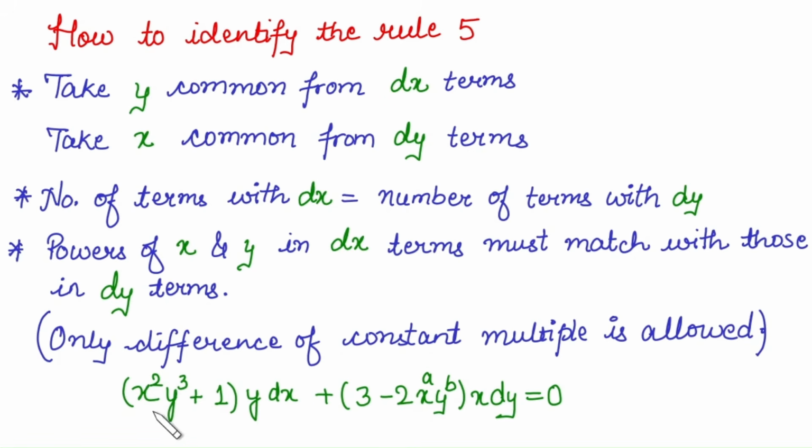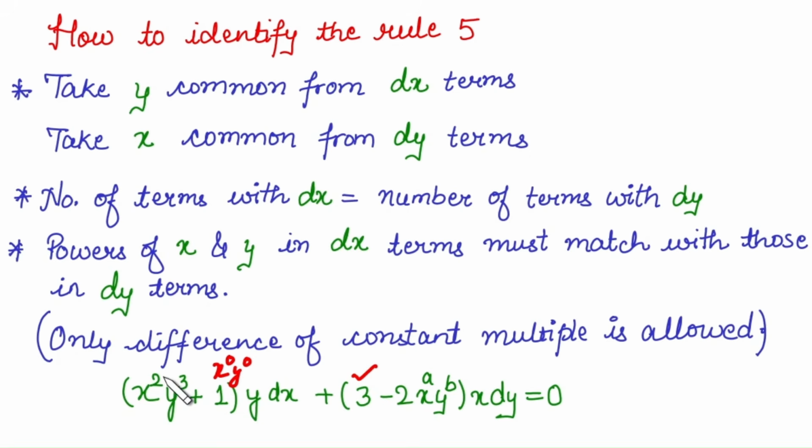After that, in each term, observe the power of x and y. Here the power of x is 2, here the power of y is 3. On the other hand, it contains the power of x as 0 and power of y as 0. Now think whether we are getting any term in which the power of x is 0 and y is also 0. Yes.